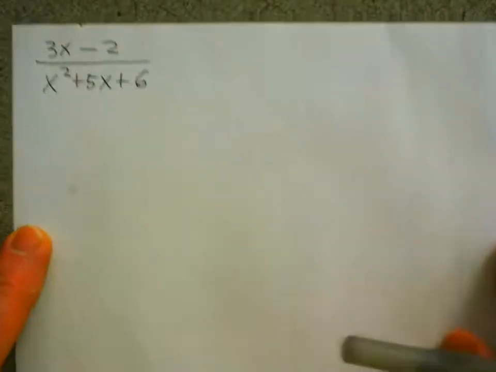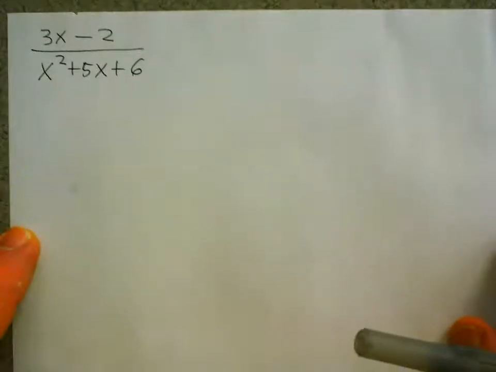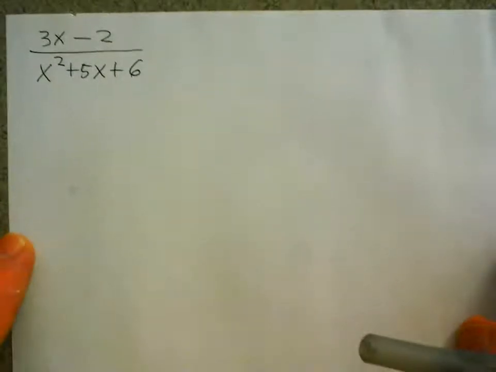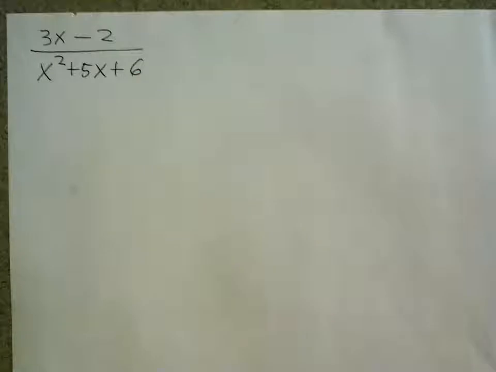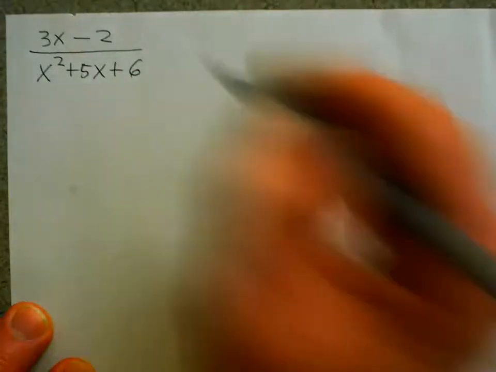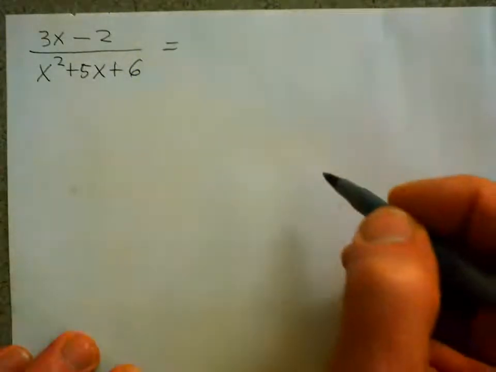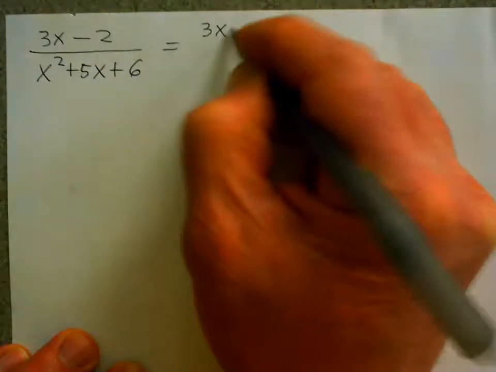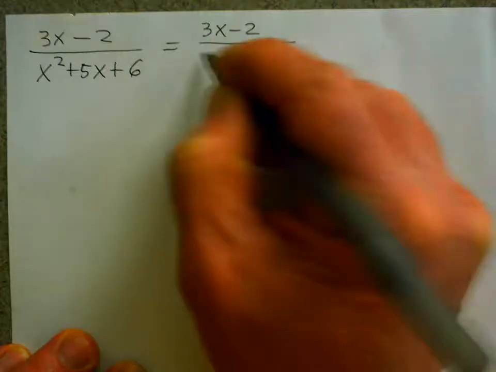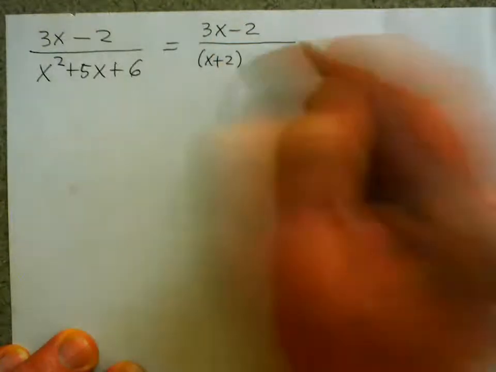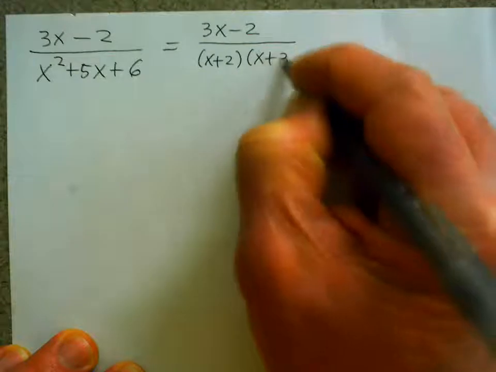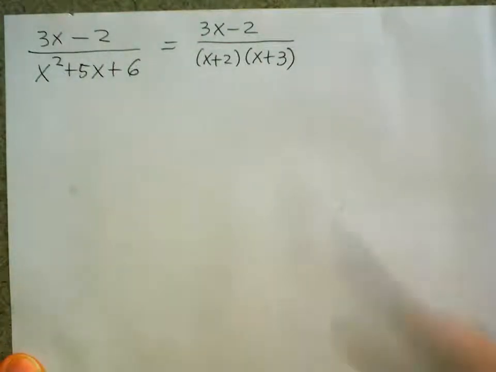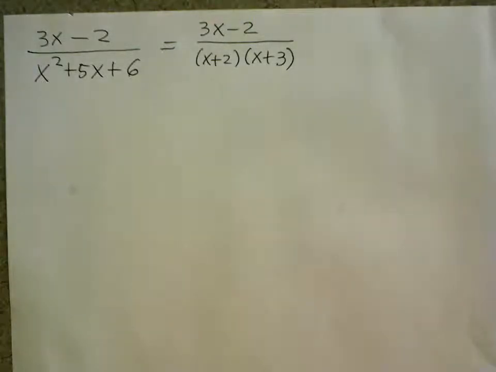So we want to express this rational function as a sum of simpler rational expressions. So first we factor the denominator. This factors pretty nicely. The two factors are x plus 2 times x plus 3. And so this is case 1. The denominator has two distinct linear factors, two different ones.